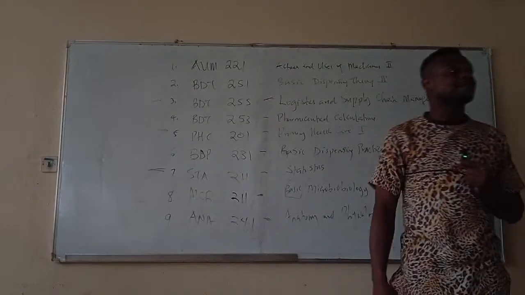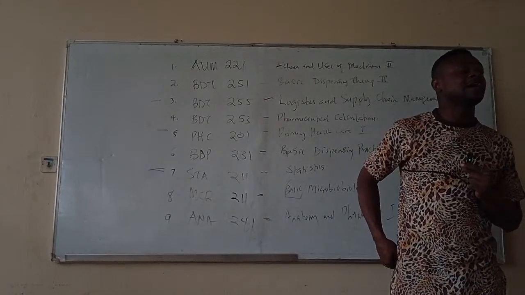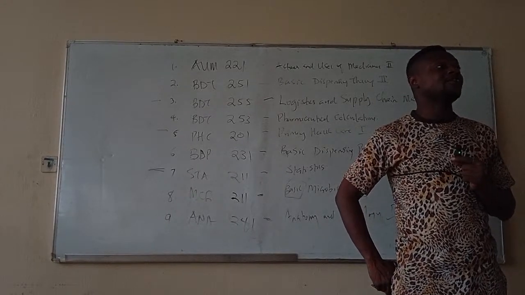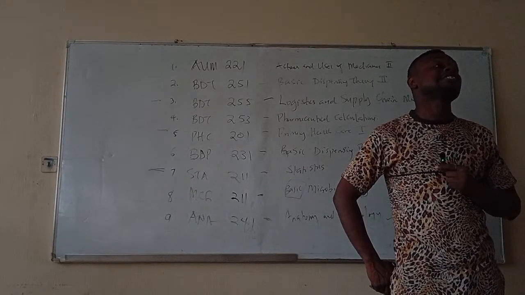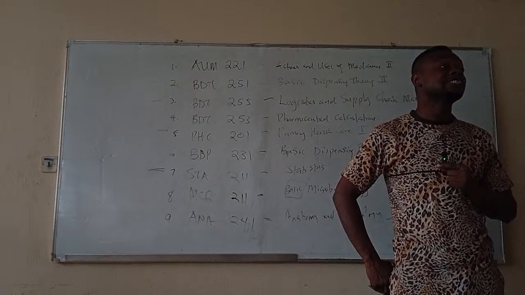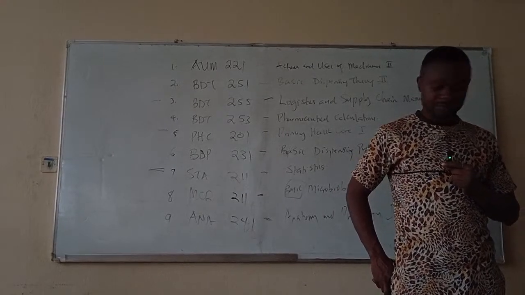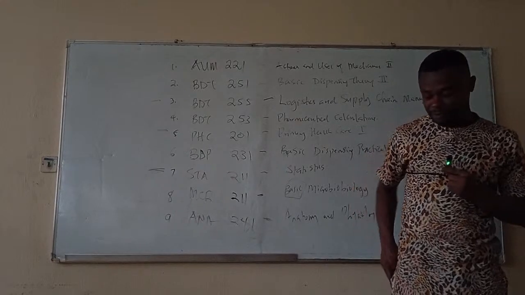Maybe the new year will start by September. You're wasting your time. By October, you don't see your name in the class list. Then your name will be in the first year list where you will be missing quizzes and other assignments. It can be painful. That's why I'm talking like this.